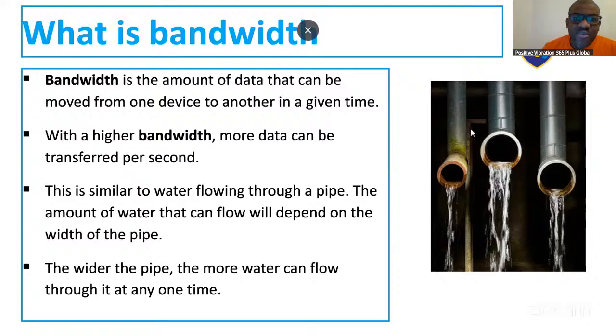Bandwidth is the amount of data that can be moved from one device to another in a given time. Always remember my pipe analogy when you're trying to understand the difference between them.